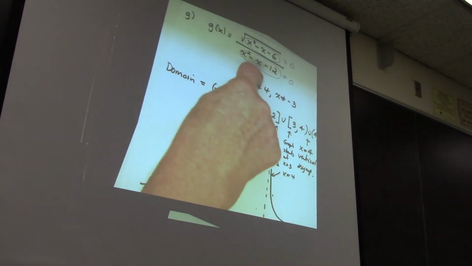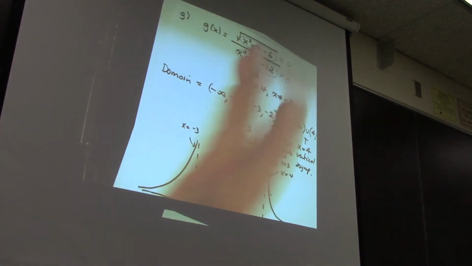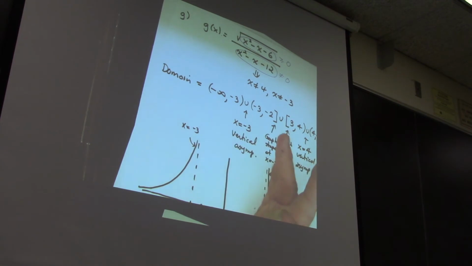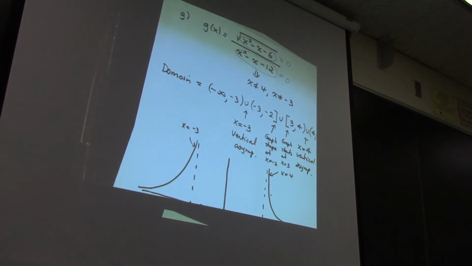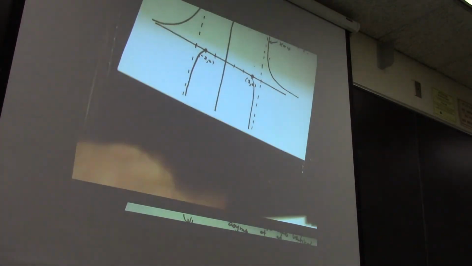And wherever you have an x that makes you divide by 0, you're going to have a vertical asymptote on the graph. Okay? All right, so hopefully that will clear up what these weird domains actually mean.